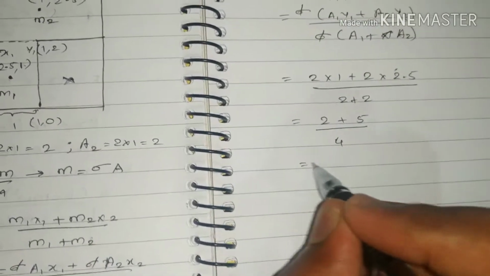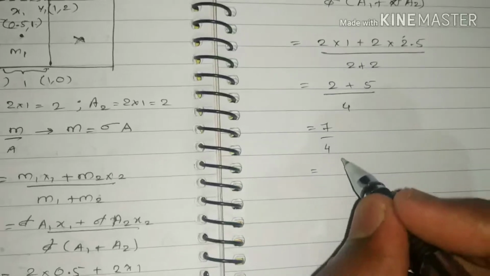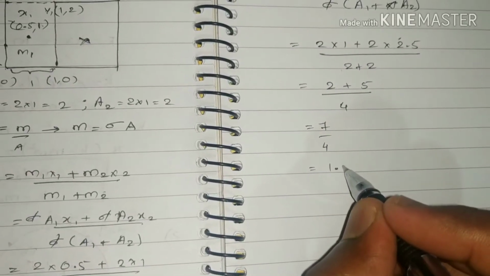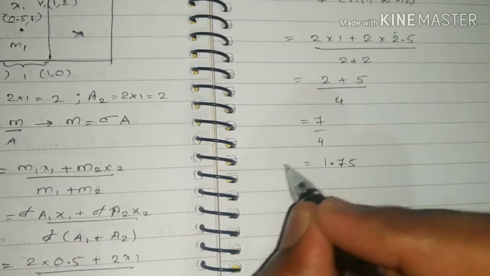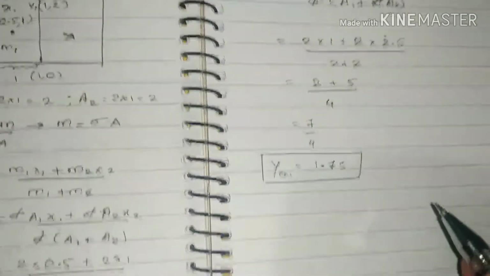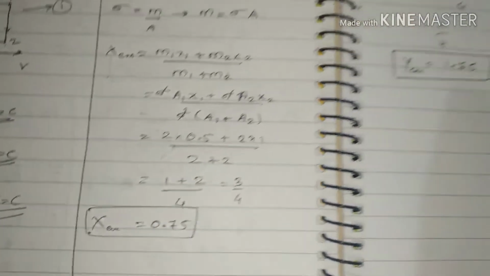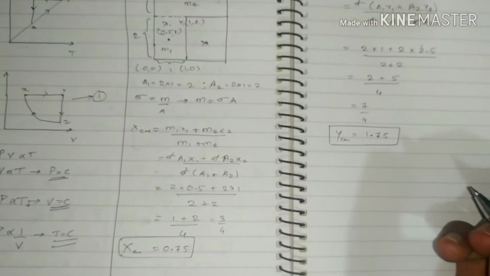That will give me 7 by 4. 7 by 4 can be expressed as 1.75. So your YCM is 1.75 unit and XCM is 0.75 unit. That's your center of mass.